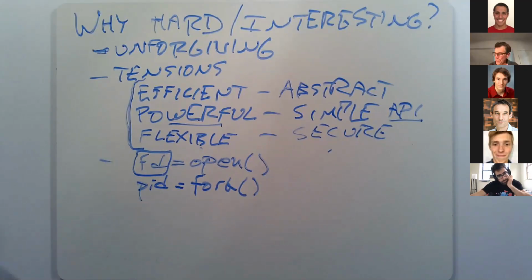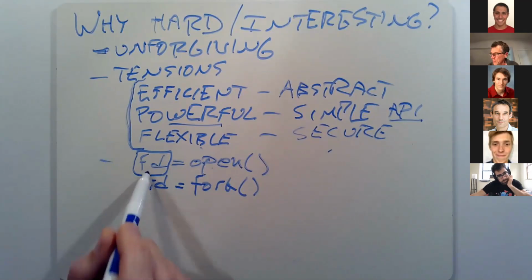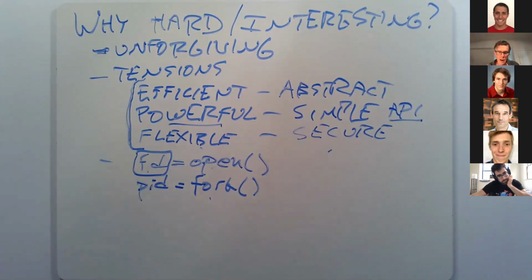So that has to be thought through. That is, open and file descriptors interact with fork in this interesting way. And somebody has to figure out whether the child should be able to get at the file descriptors created before fork was called. And the answer happens to be yes, in the operating systems we're going to look at.